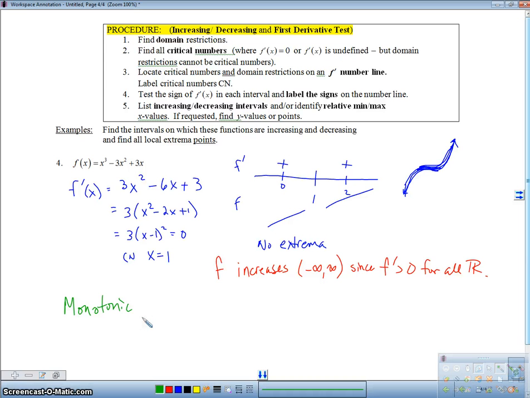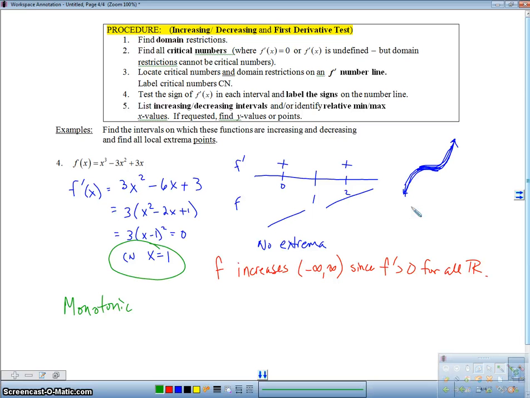And this is interesting because what it shows us is that even though we got a critical number, it's not always going to be a relative min or max. It could just produce that instance where we have a slope of the tangent line that is 0, but still have an all increasing function or an all decreasing function.